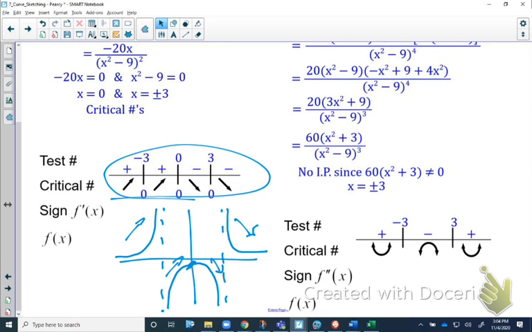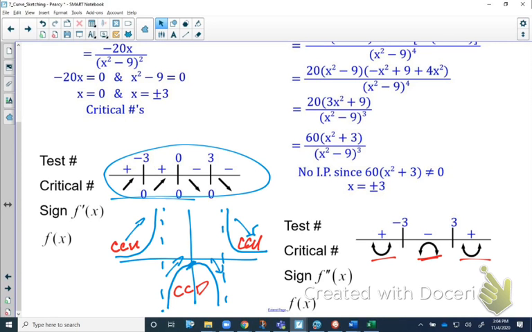And let's pick another color here where they're showing us that they're concave up. So here I'm concave up, and here I'm concave up, which matches what we're seeing in the candidates test for the second derivative. And here in the middle, between the 3's, we're concave down, which again matches what the candidates test is showing us.